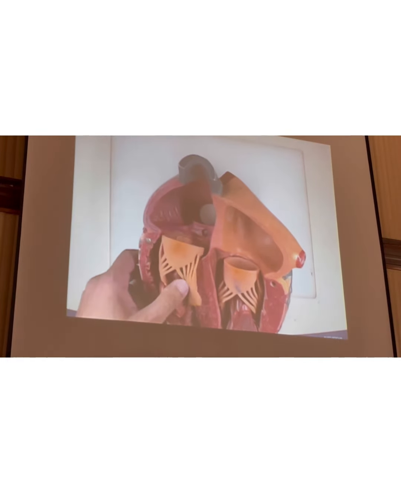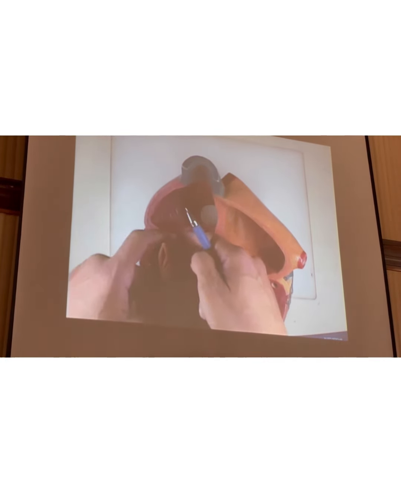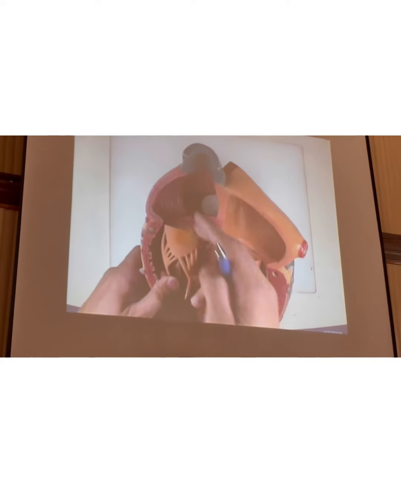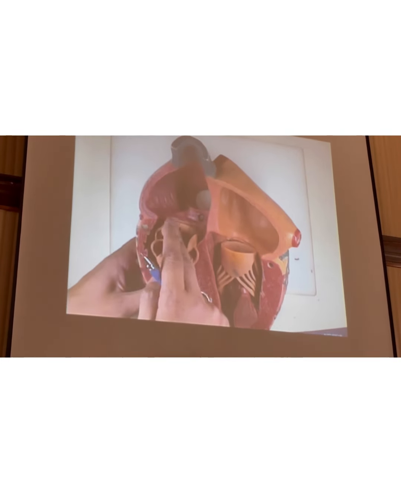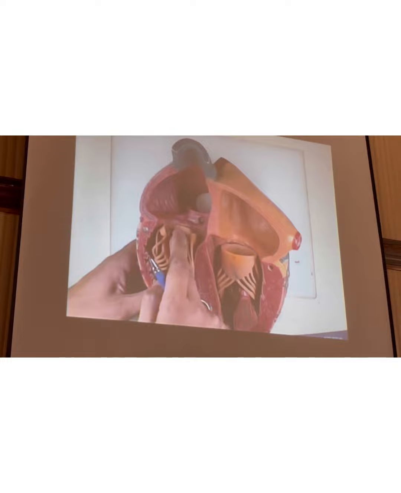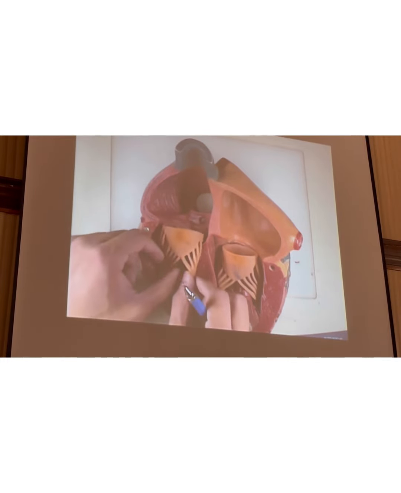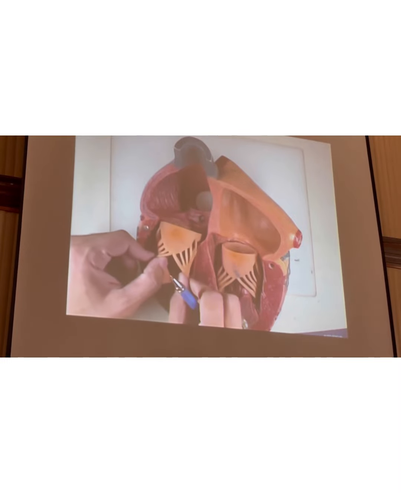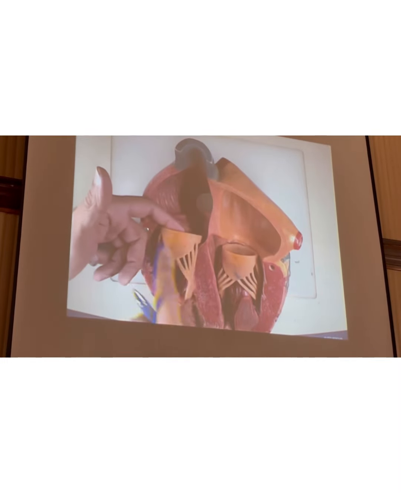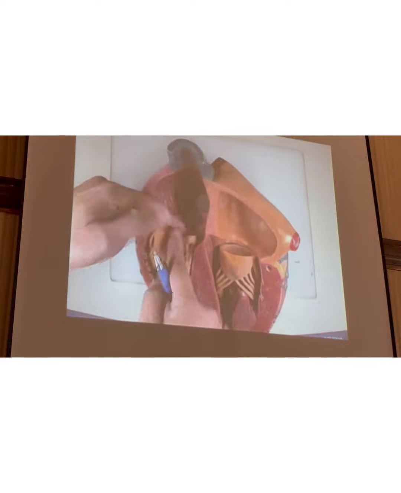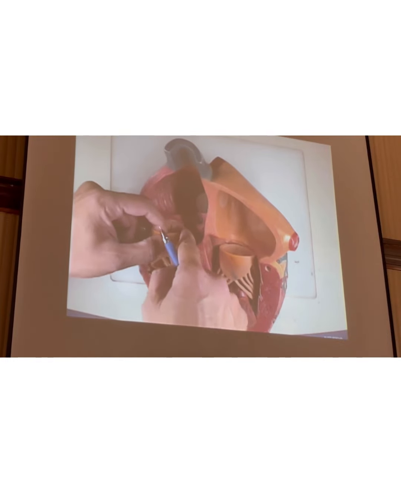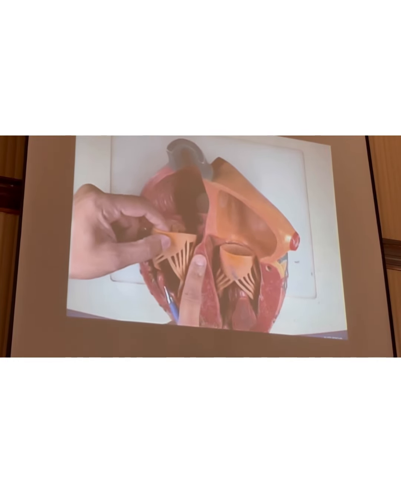Clear? The right ventricle receives blood from the right atrium through the right atrioventricular orifice, which is guarded by the tricuspid valve, which has three cusps: anterior, posterior, and septal. The septal cusp is attached to the septum. Clear?